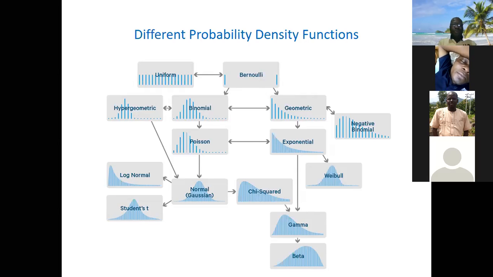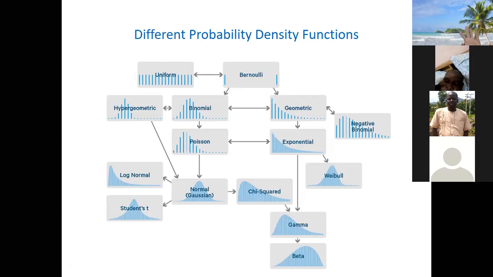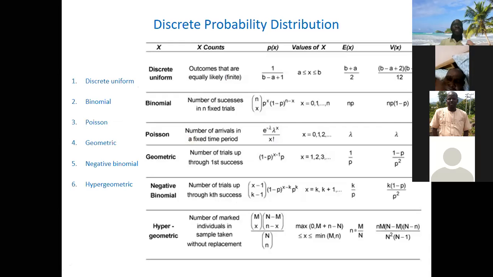You see Poisson going to normal, hypergeometric going to normal. If you take the logarithm, you get log normal. The Student t can also be normal if some conditions are met, and chi-square too. Gamma, beta, can you see the differences? It's just for you to have a mental picture. Some of these are discrete, some are continuous probability distributions. We're going to see them later.